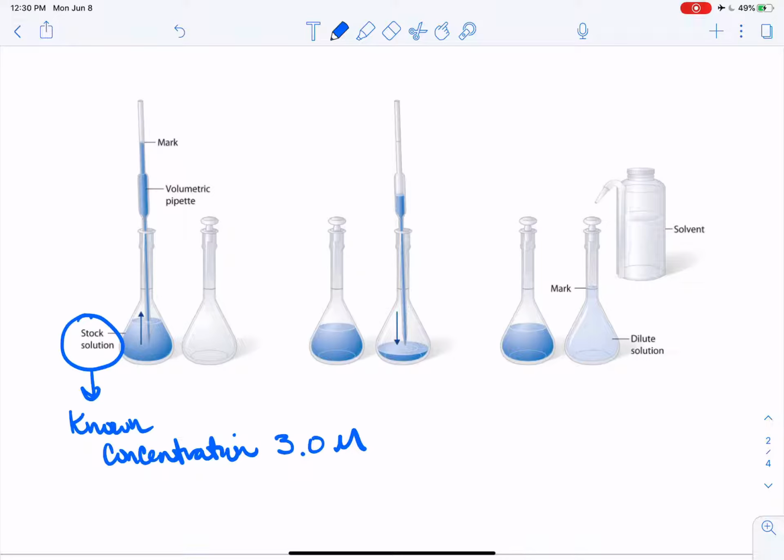And we want to figure out how much of our concentrated solution that we want. So maybe we want 250 milliliters, or we want 500 milliliters, or we want a whole liter. And then we're going to find a volumetric flask that has that final volume.